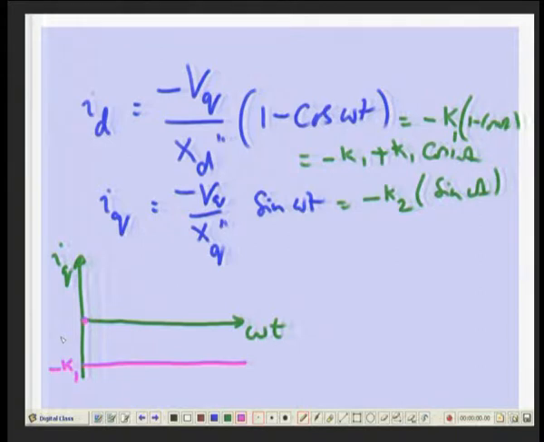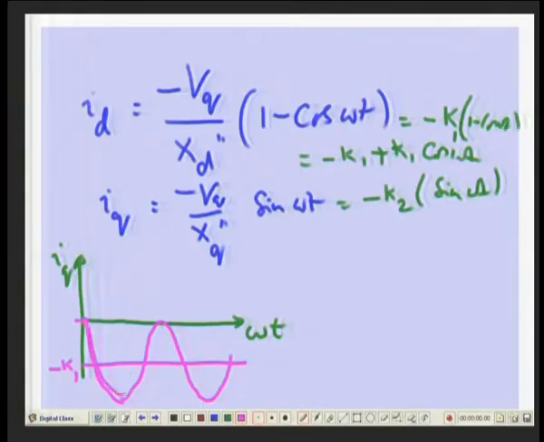Okay. So, we may have, I don't know, something like this. Am I right? Yes or no? Yes, sir. So, you have this term, ID will be something like this. What will be IQ?